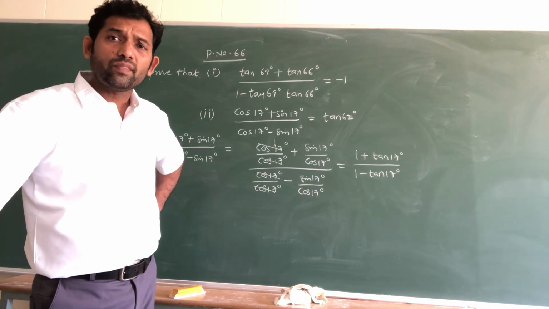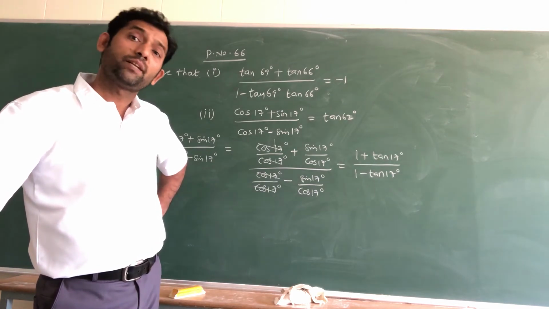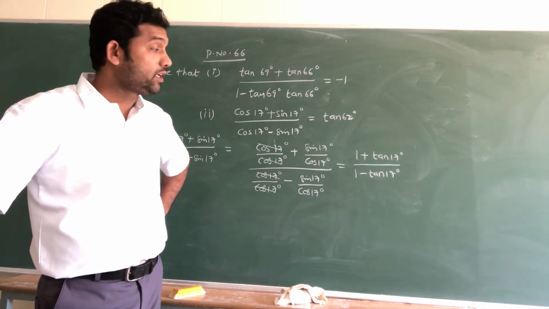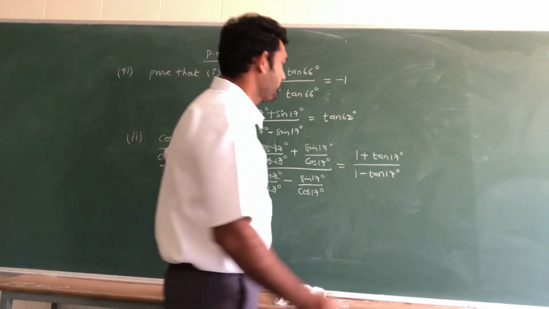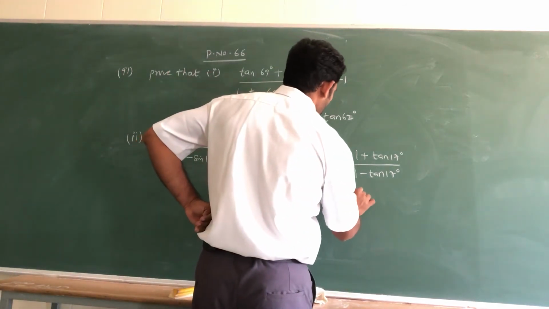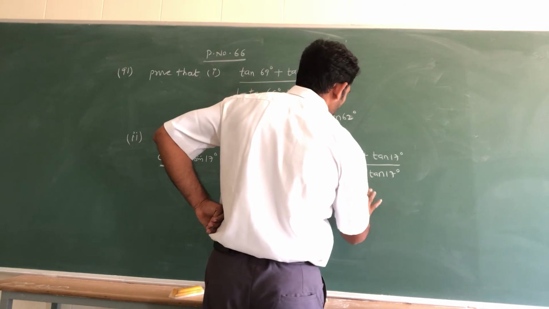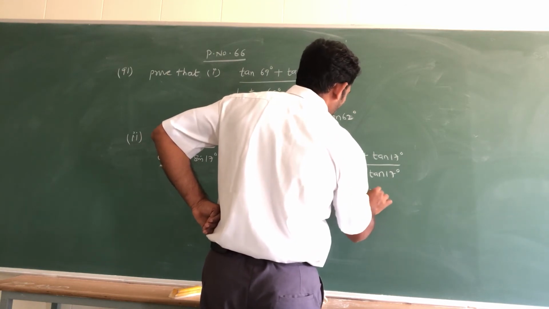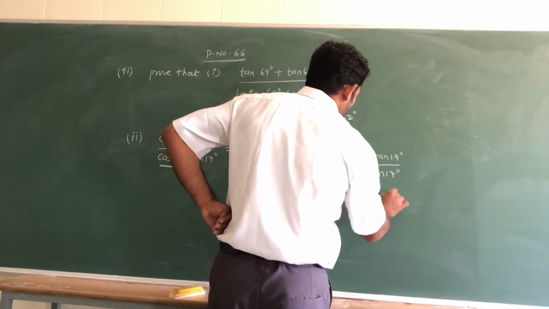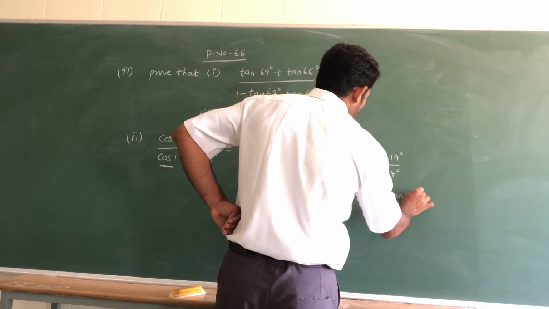Now, 1 can be written as what in terms of tan? Tan pi by 4, which means tan 45 degrees. So in the numerator it is tan 45 degrees plus tan 17 degrees.